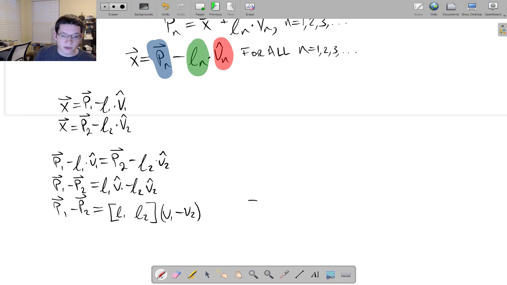So we'll call this L1, L2 equal to R, and that'll be a vector.